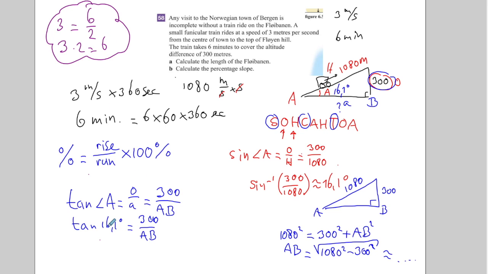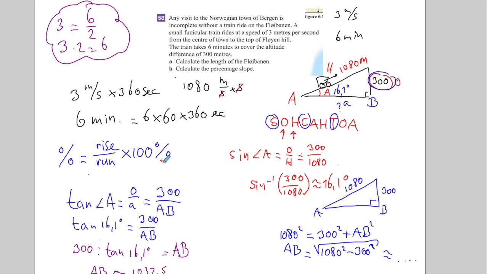So 300 divided by the tangent of 16.1 degrees equals AB. Well, just calculate and I'll find out that AB has a length of approximately 1037.5.